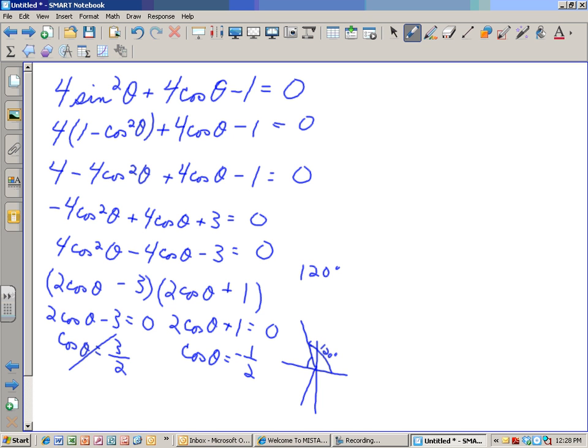And I also know that cosine is negative in the third quadrant with a reference angle of 60, because cosine of 60 is 1/2. That angle is 180 plus 60, or 240. So my answers are 120 degrees and 240 degrees. But I think you can get that part of it, Adam. I think it was just getting to the point where you can factor it. Okay?